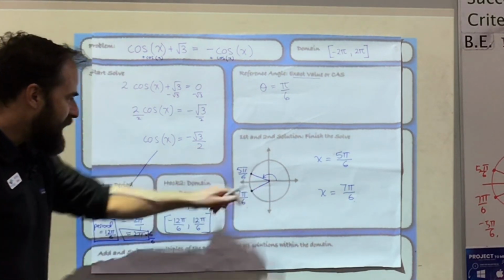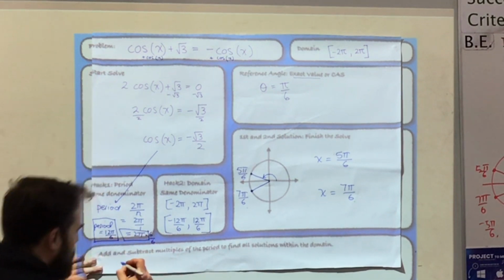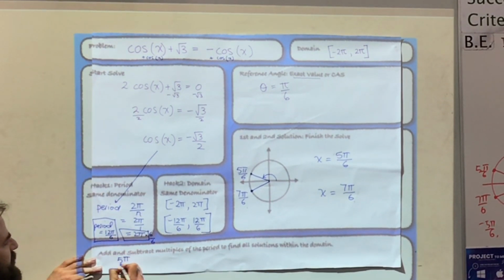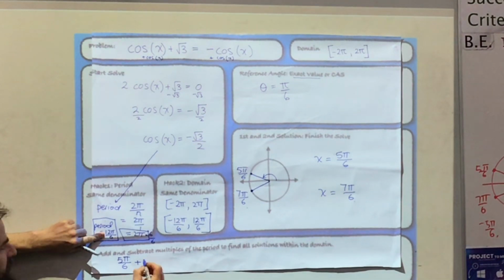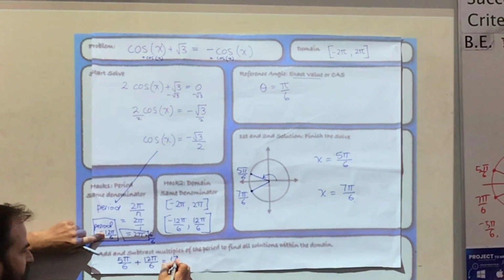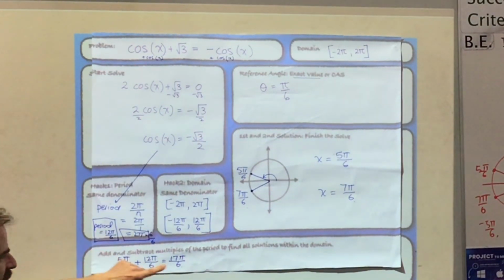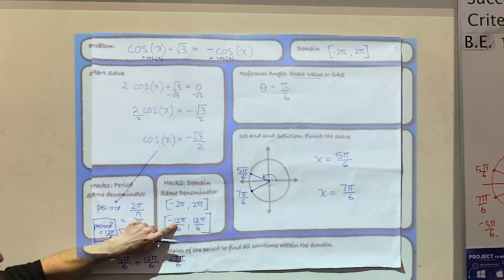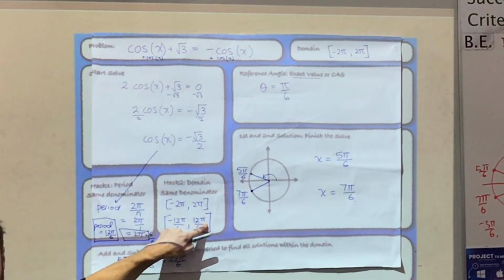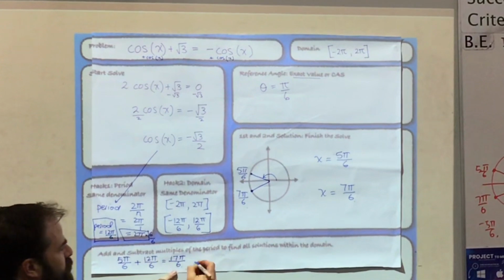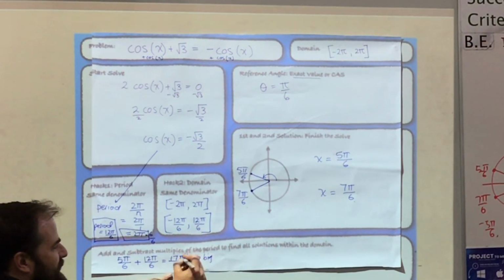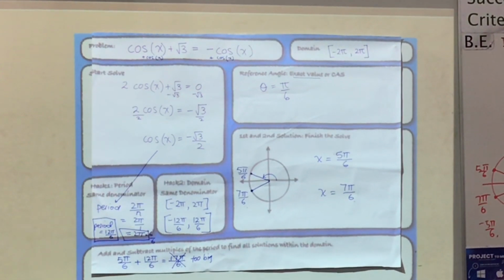So I'm going to start with my first solution, 5 pi on 6, and I'm going to add the period, 12 pi on 6. That gives me 17 pi over 6. Now, is this answer still in my domain? No? Too big? So, doesn't work. It's not a solution.